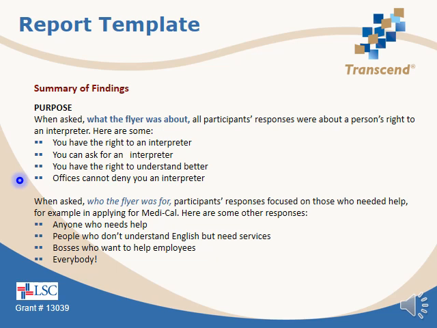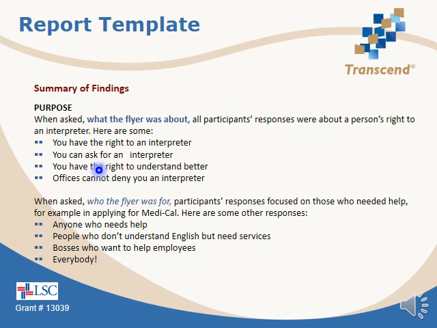When we asked all of the participants what this particular flyer was about, all of them said it was about a person's right to an interpreter. And here I want to stress that they said it was about the right to an interpreter. We'll be looking at the language access card in just a moment, but please recall that the original card really focused on language access rights, interpreter, translation, reporting, a number of things.